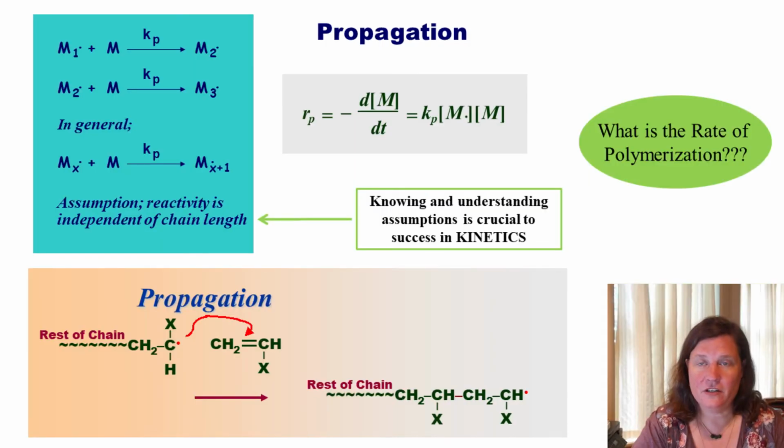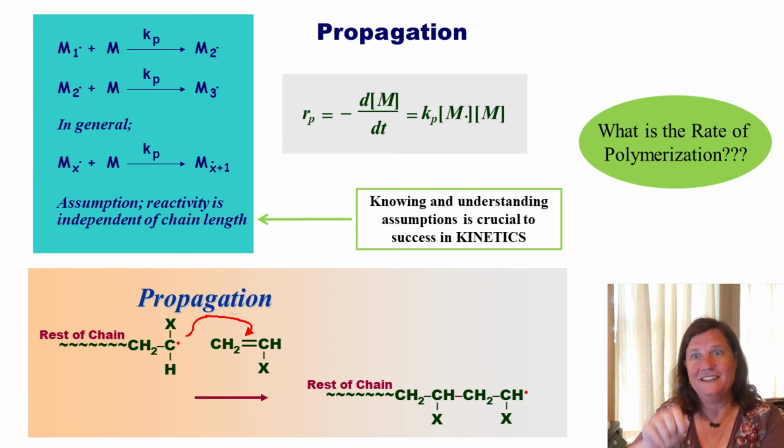In propagation, this is when the chain is actually growing. So when a monomer adds to the end of the chain, the active site moves to the end and keeps going for free radical polymerizations.